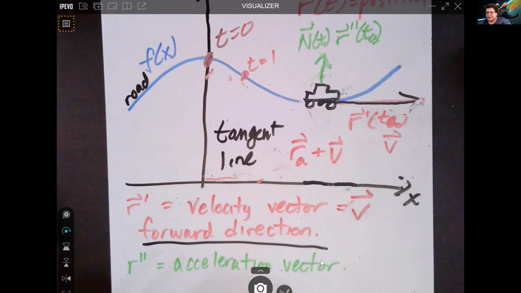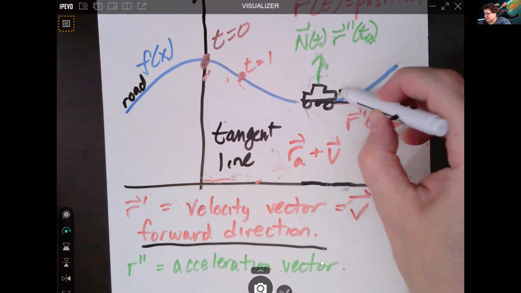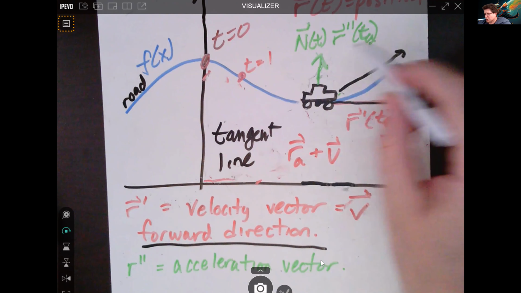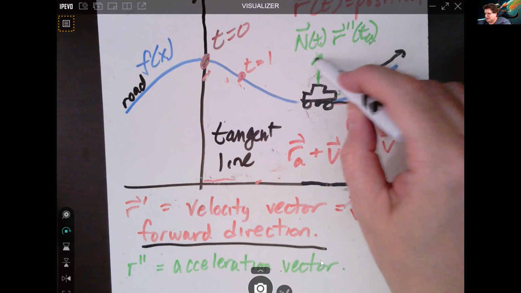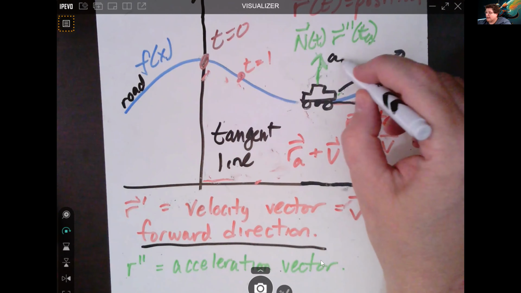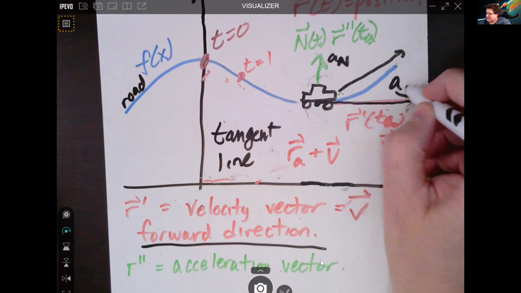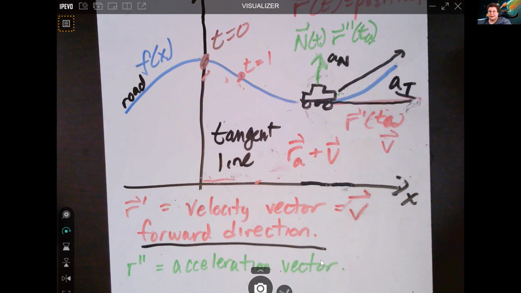In 12.6, where we're actually putting this into physical applications and not just talking about the mathematics of it, we can see that the car is actually going in that direction. So we will break down this acceleration vector into components: acceleration in the normal direction and acceleration in the tangential direction.